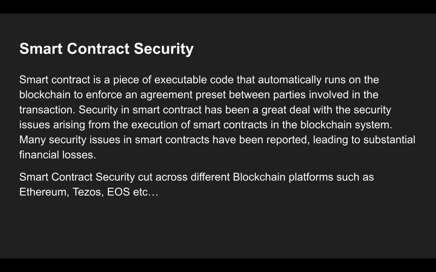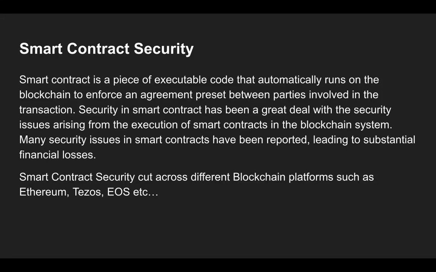So, defining smart contracts. Let's talk about what a smart contract is. A smart contract is a piece of executable code that automatically runs on the blockchain to enforce an agreement preset between the parties involved in the transaction. So, security in smart contracts has been a great deal, with security issues arising from the execution of smart contracts in the blockchain system.